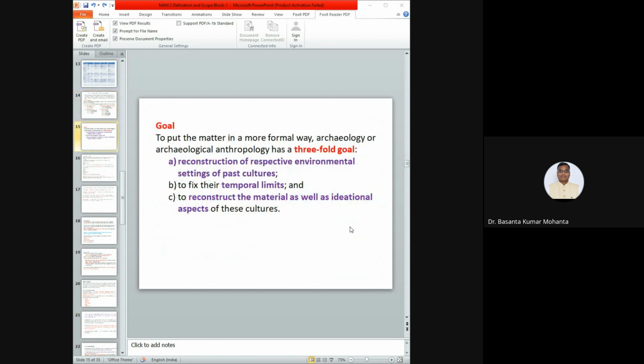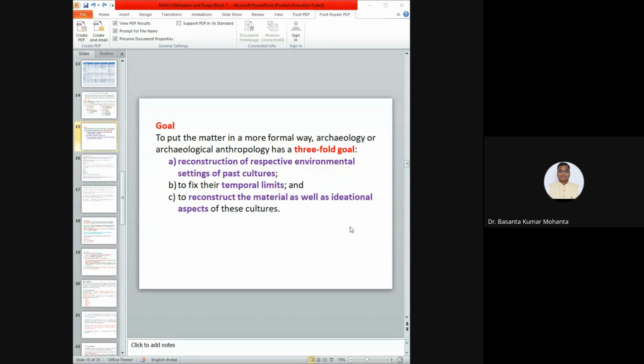So when we are trying to study this inter relationship, as I told, first thing we are trying to reconstruct the past culture. And when we are reconstructing the past culture, we are getting the role of local ecology, local environment, and the geographical setting in a greater way.